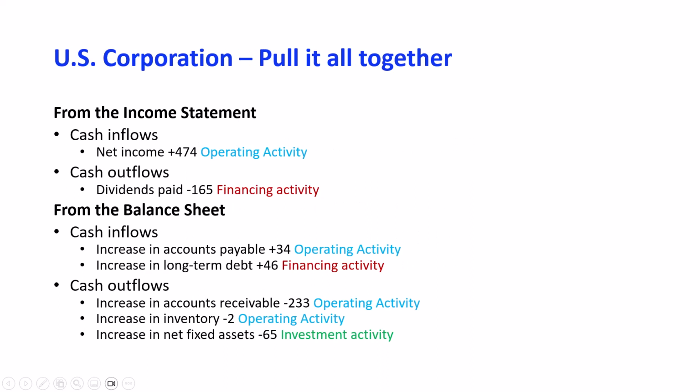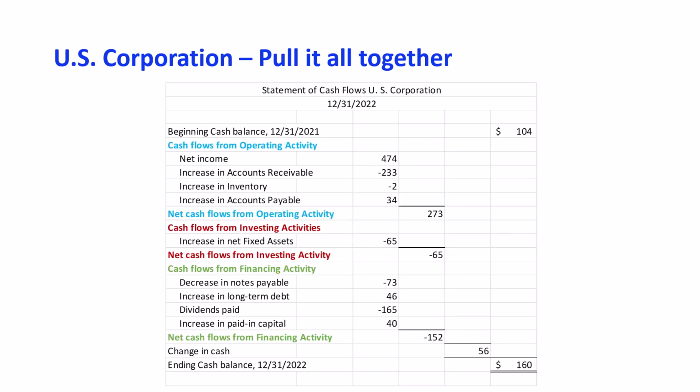So if we categorize them, you see that, for example, the net income is related to your operating activities, dividends are financing activities, accounts payable are operating activities, long-term debt is financing, and accounts receivable and inventory are usually operating activities, and then fixed assets are investment activities. So you can basically put them into different buckets and summarize them in a statement of cash flow like this.